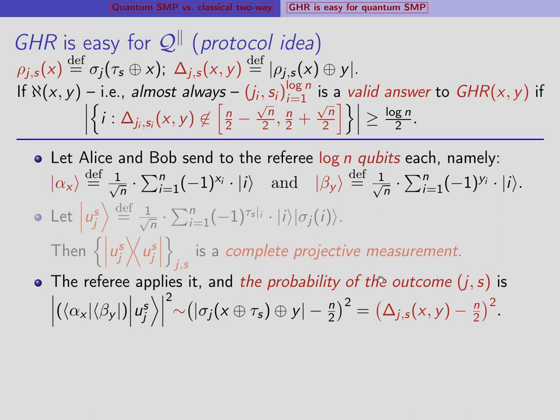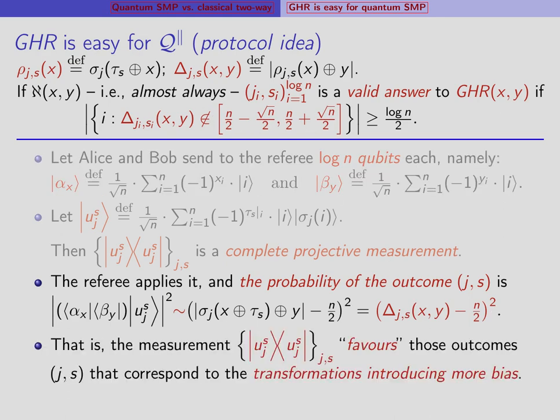And then the probability of the outcome JS is actually proportional to this quantity. And pay attention that this quantity is the bias squared that we are interested in. So, in other words, this measurement applied to those two trivial fingerprints from the players favors those outcomes that correspond to the transformations that introduce some noticeable bias, and this is exactly what we want in order to solve our problem.